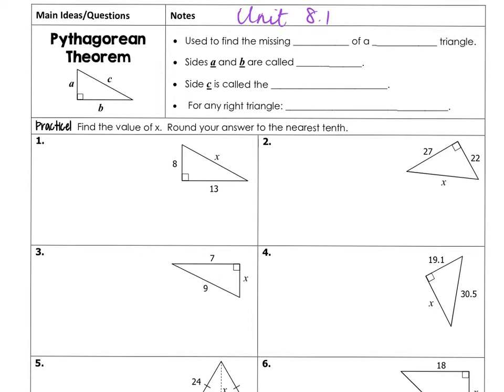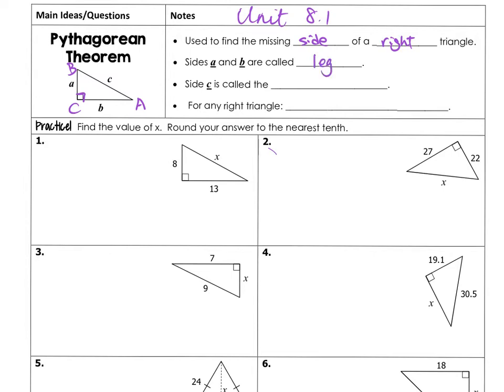On the left hand side we have a right triangle ABC. We use the Pythagorean theorem to find the missing side of a right triangle. So it only applies to right triangles. And sides A and B are called legs.